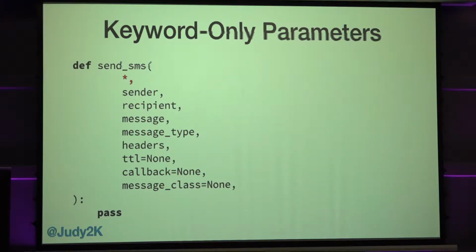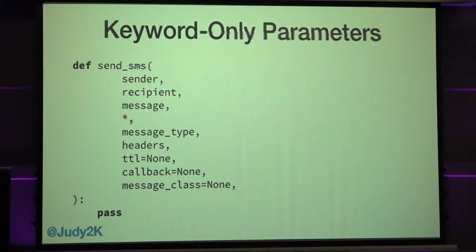So you can combine this feature with a variadic placeholder. You can also put it wherever you want. So in this case, I can call the function with sender, recipient, and message just by position. But the others, let's say more optional or more complicated arguments, have to be provided by name.